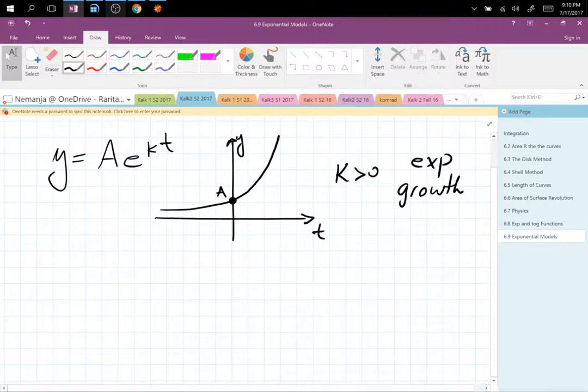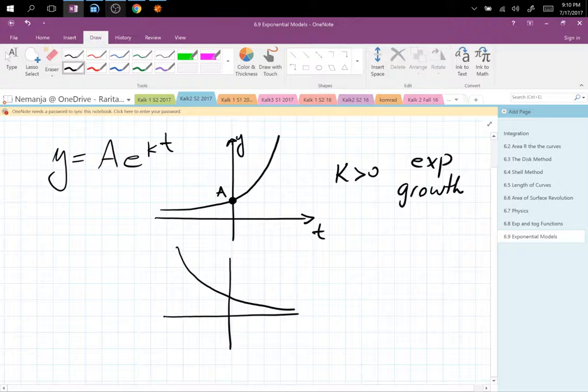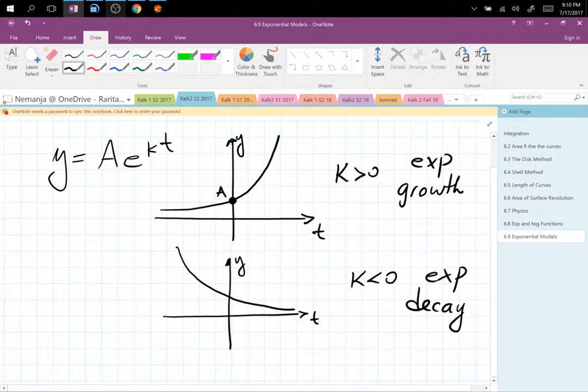And then if the graph looks like this, you will have k less than 0, which is exponential decay, where we can talk about garbage decay, radioactive decay, so loss of mass, carbon dating for historical facts, and so on.